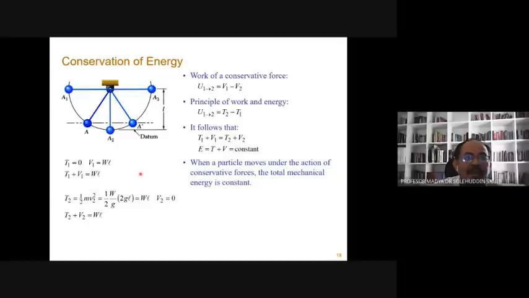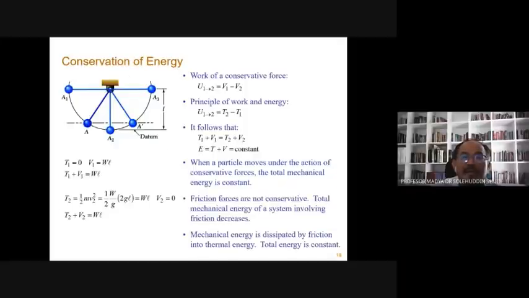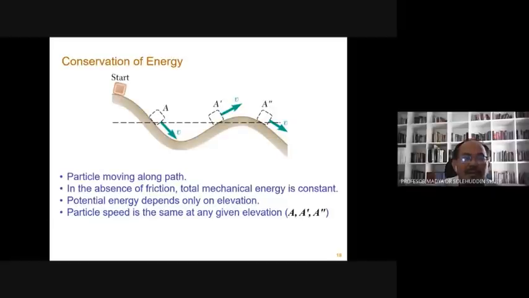These are the details of how we can get the value for this problem. We have T2, which is half mv squared. Over here V2 is 0, and then T2 plus V2 equals WL. This is an example of conservation of energy.